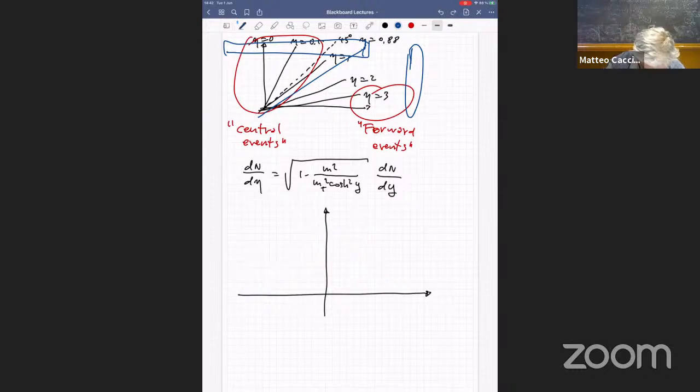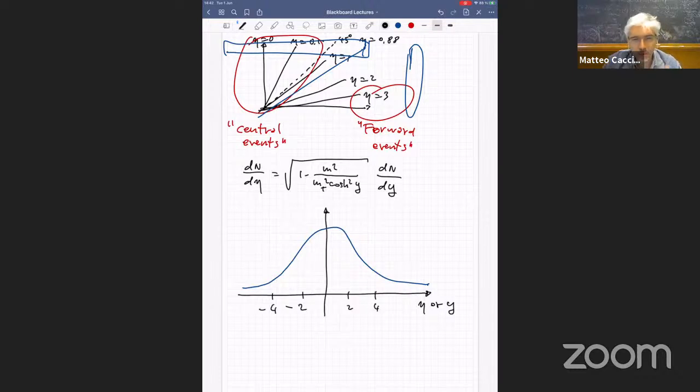This is supposed to be symmetric. Okay, I'm a very bad drawer. So this is eta or y. Let's say this is -2, 2, -4, 4, etc. These are typical numbers that you may find at the LHC.